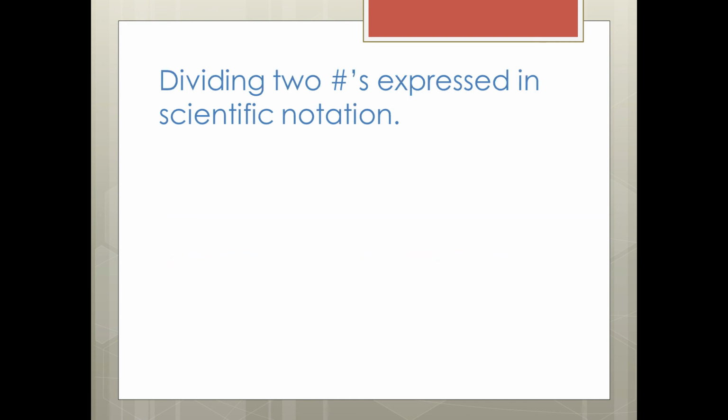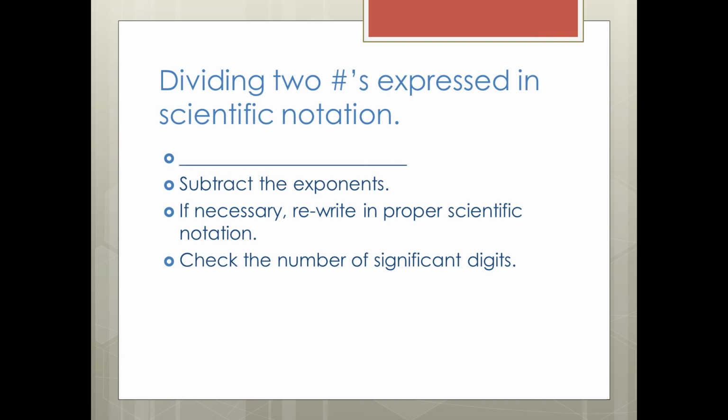Okay, so we talked through multiplication and division. Make sure that if your number, let's say that this was a 6, and this was multiplication, 2 times 6 would be 12. This is not scientific notation. We have to move that decimal over 1, and in doing so, we have to compensate the exponent.